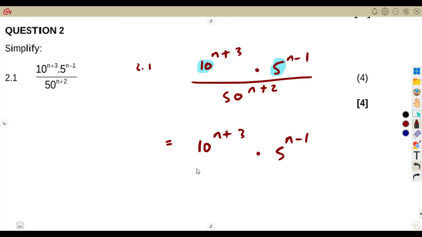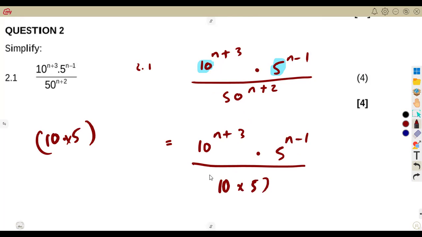Let's use them as they are. 50 in terms of 10 and 5 is 10 times 5, to the exponent of n plus 2.